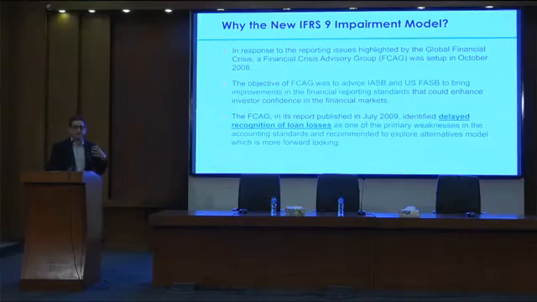Because if you look at the price of the loan, the interest rate also contains two broad elements. One is the time value of money, and also the credit risk premium. That credit risk premium is the price that a bank charges for the credit risk that they undertake from day one. So when you book a loan, you also charge a price to the customer for the credit risk that you undertake on a loan.